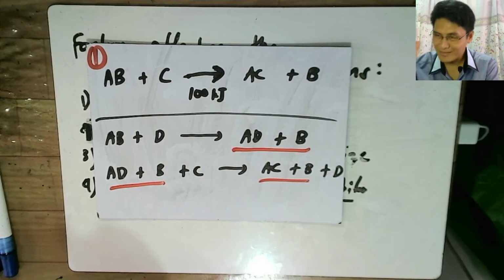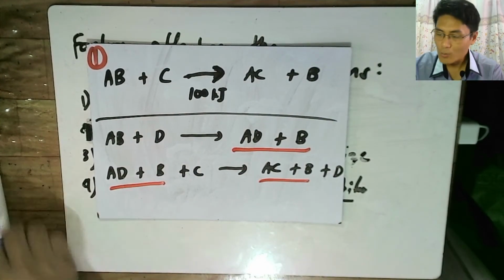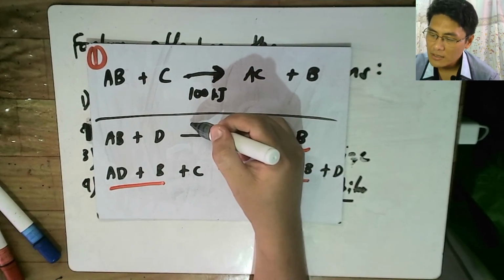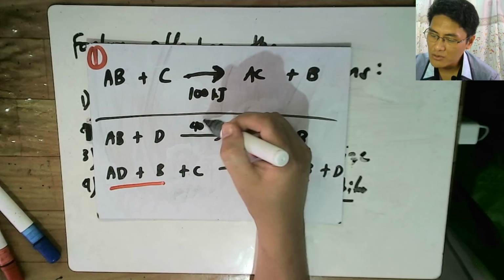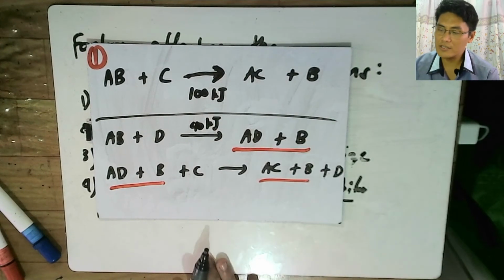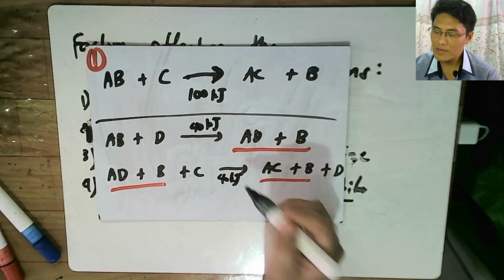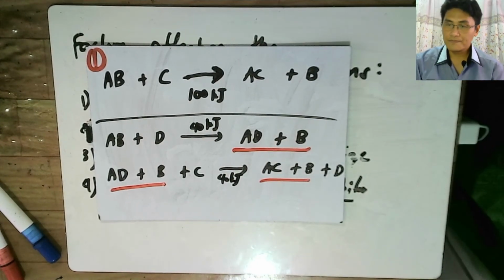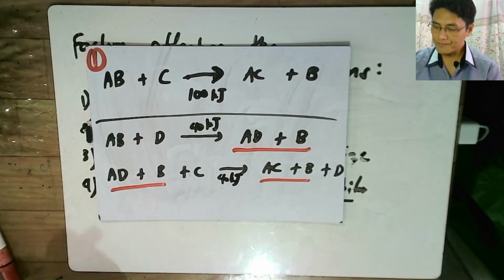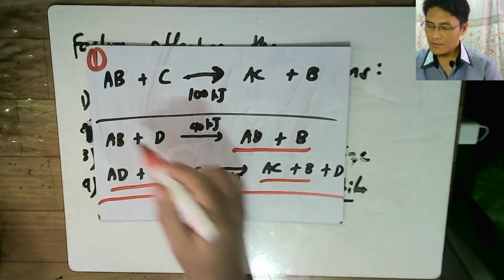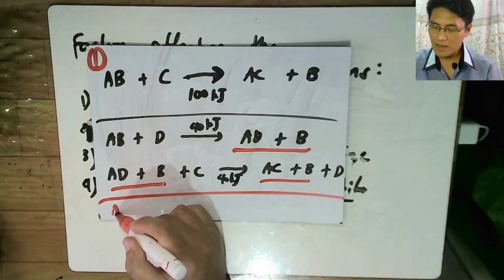But this is the idea. But what if this here requires only 40 kilojoules of activation energy, and this requires 40 kilojoules of activation energy, right? So guess what? If you summarize, the reactants here are A, B.